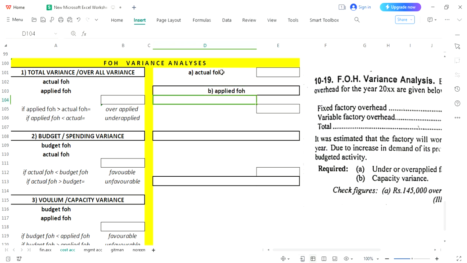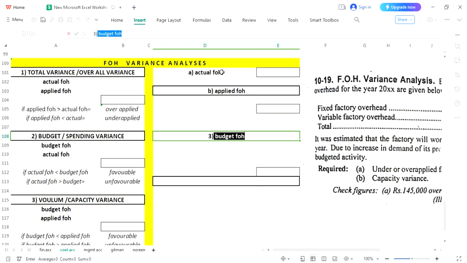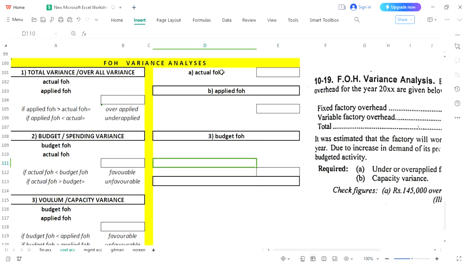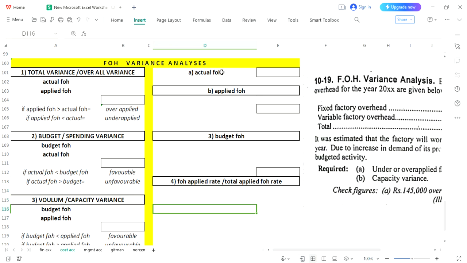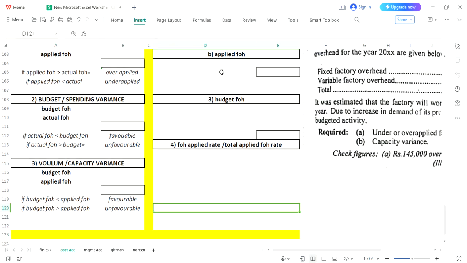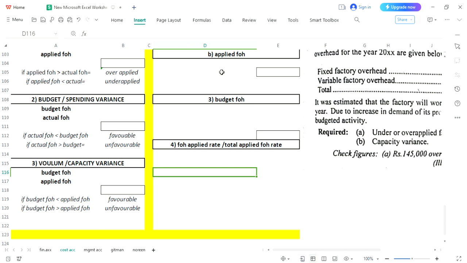The third requirement would be to calculate budget FH, and the fourth requirement would be FH applied rate or total rate. And how would you calculate it? We will see. So these are four requirements, and this is how you will start your calculation for supporting statements. At the end of this page, you can see over here, the first calculation would be over here for part A.